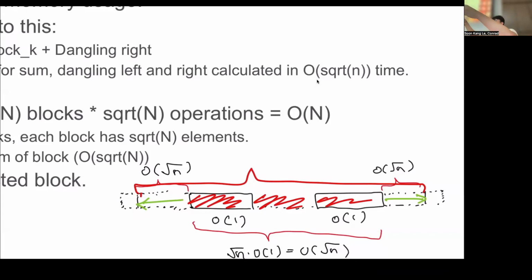How many big blocks are there? Square root n. You've already computed them, so it's O(1) to find their sums, and then summing all of them is square root n. On the left side, how many such things can there be? Less than square root n. On the right side, also less than square root n. So you have square root n operations.